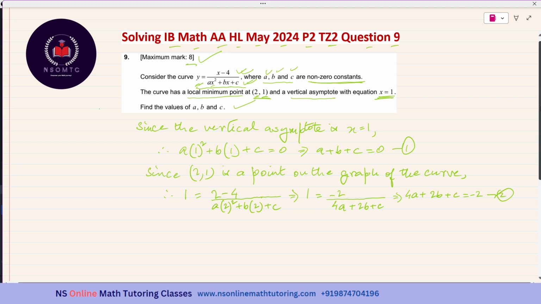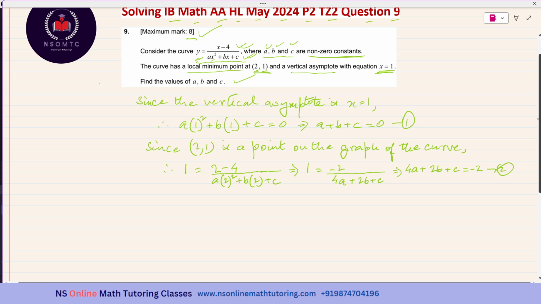Okay. And for the third equation, we need to differentiate this expression because it is a minimum point. So the first derivative should be equal to 0. Okay.